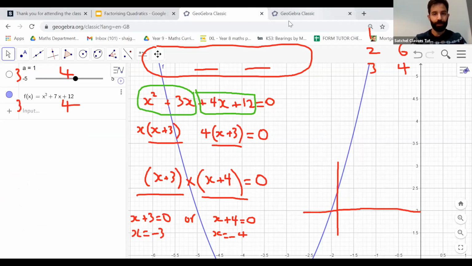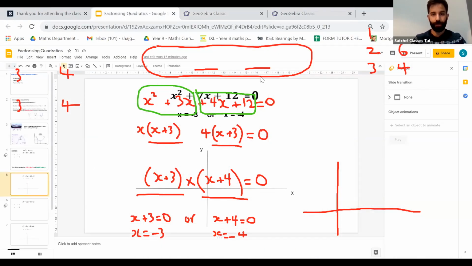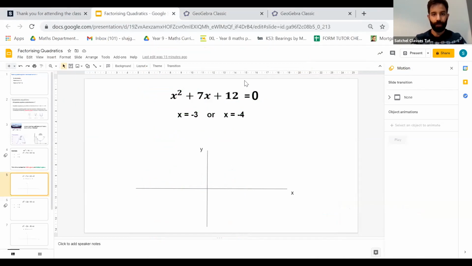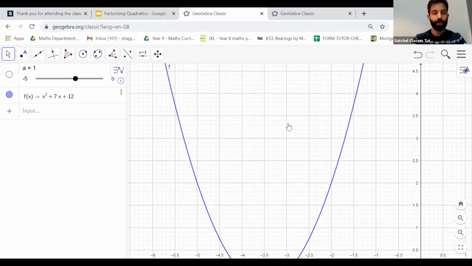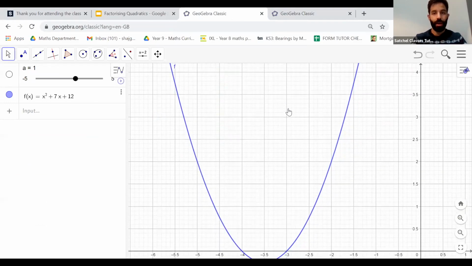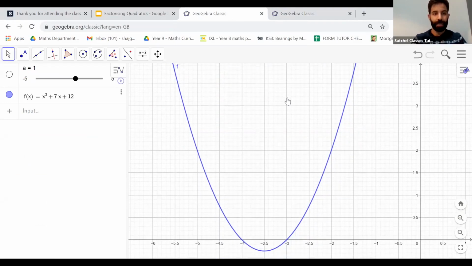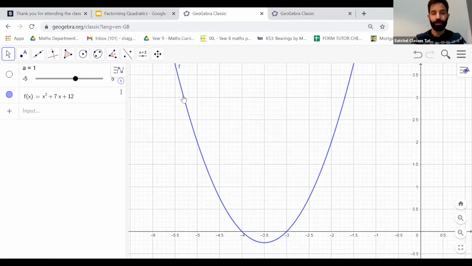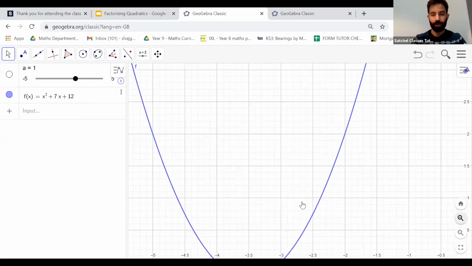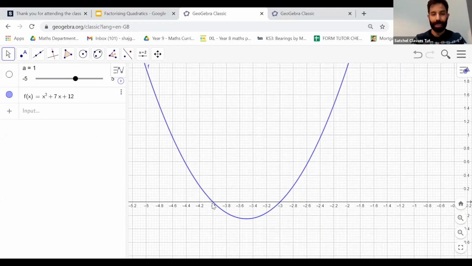And I think I will have to clear all the annotations. Right, so we said the values of x are minus 3 and minus 4. And if we were to graph our quadratic, these are the points at which we intersect the x-axis, so at minus 4 and minus 3.